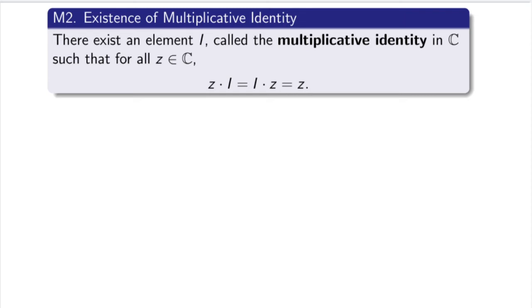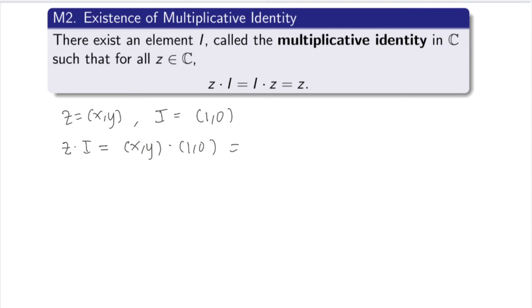So for complex number C equals (x, y), and for the complex number (1, 0), we want to show that C times I is equal to I times C. Plugging in the components (x, y) and (1, 0) for C and I respectively, we have (x, y) times (1, 0).